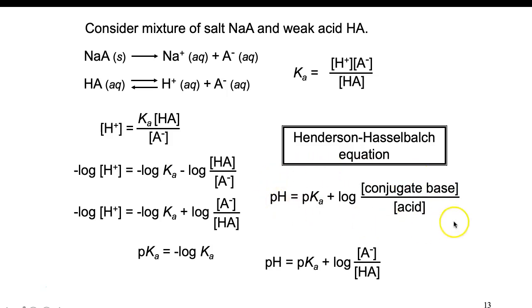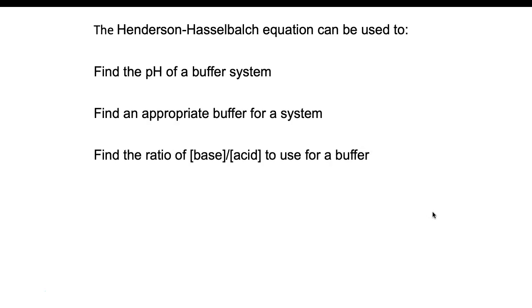So this is your Henderson-Hasselbalch equation. We're going to be using that now. These are three of the things that you can use the equation for: to find the pH of a buffer system, to decide on an appropriate buffer to be used for a system, and to find the ratio of base to acid that you have to use to make up your buffer.